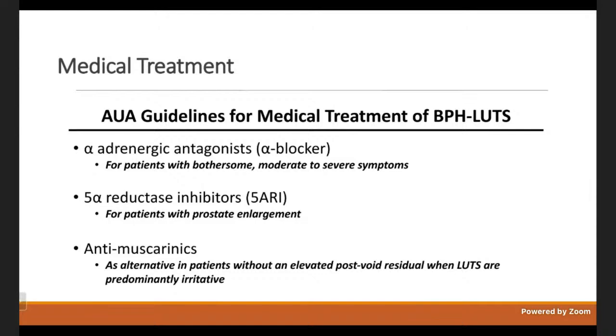This increase in the alpha receptors is considered to be a cause for the patient's lower tract symptoms. So whenever we block these alpha receptors by using an alpha blocker drug, the symptoms improve and the patient gets relieved of the lower tract syndrome. This is the basis of using alpha adrenergic blockers in patients with prostatic hyperplasia.